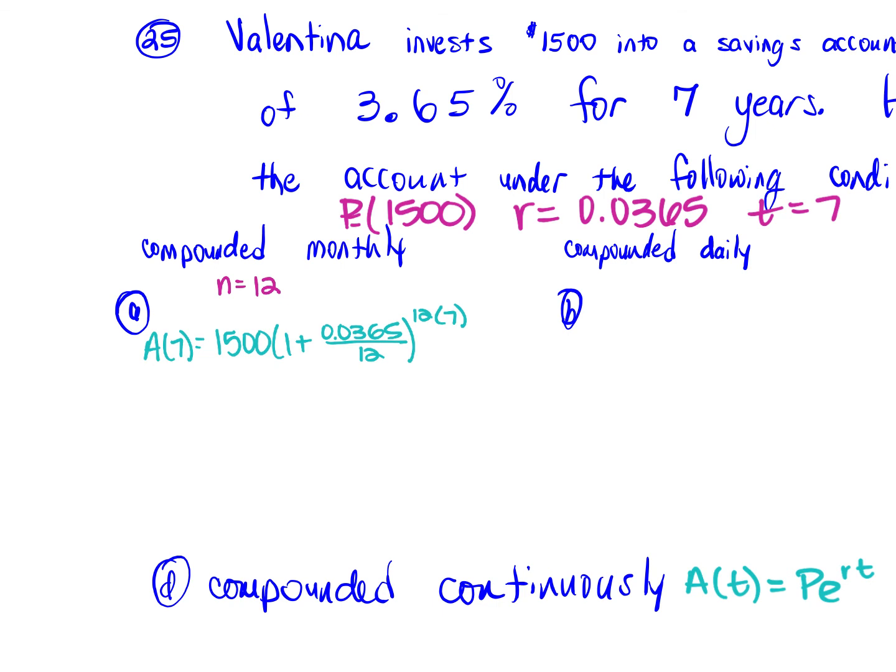You're going to have to use your calculator for this. So you're going to type in 1,500 times 1 plus 0.0365 over 12 to the power of 12 times 7. You're rounding this to the second decimal place since you're dealing with money. So A of 7 is equal to $1,935.91.